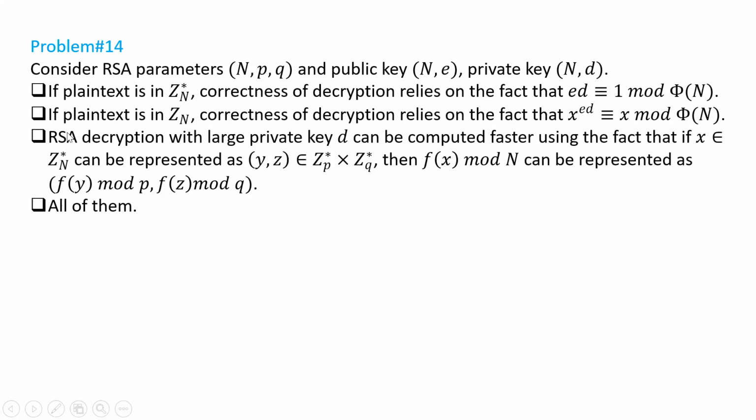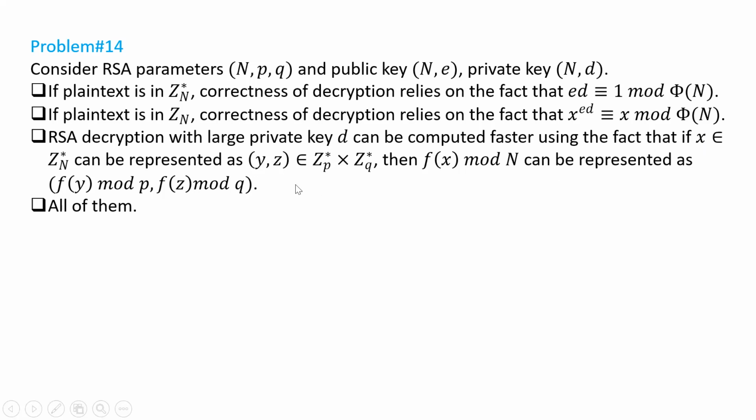And RSA decryption with a large private key d can be computed faster using this fact. There is this bijection through the Chinese remainder theorem, where any element x belonging to Zn star has a representation obtained by projecting it to Zp star and Zq star as two elements y, z.